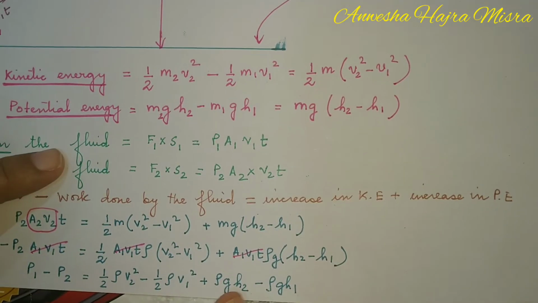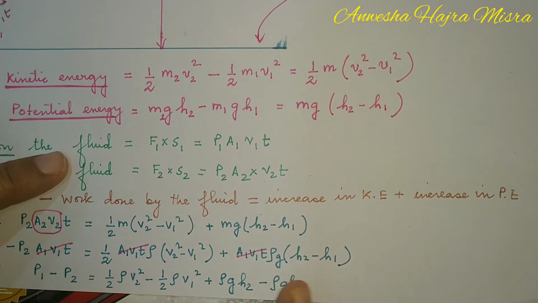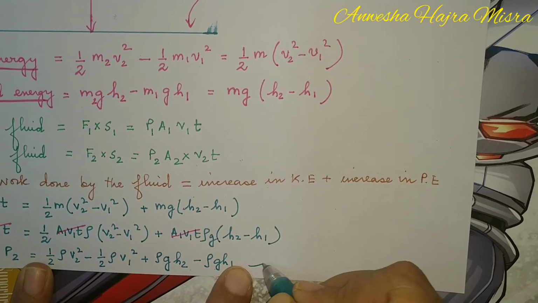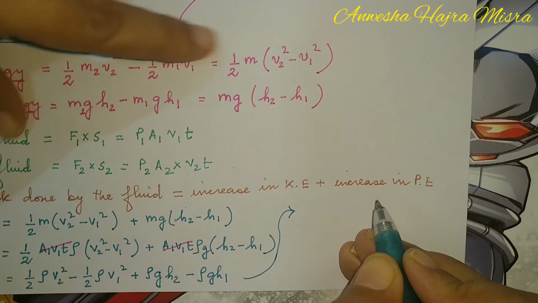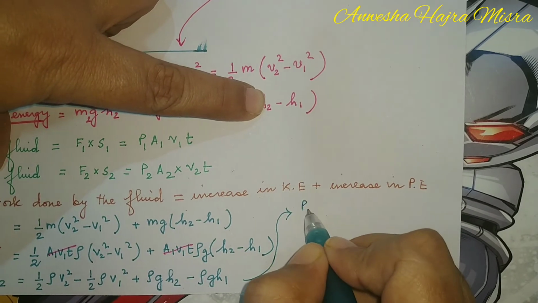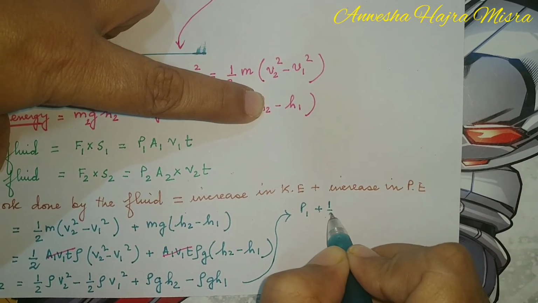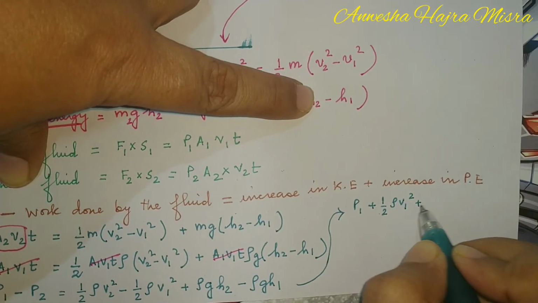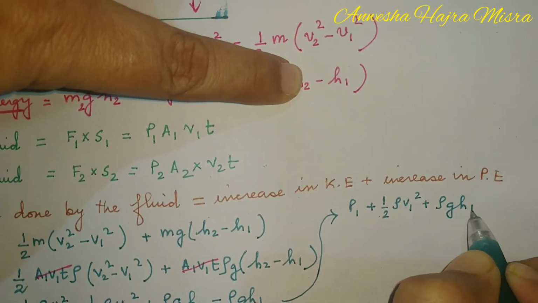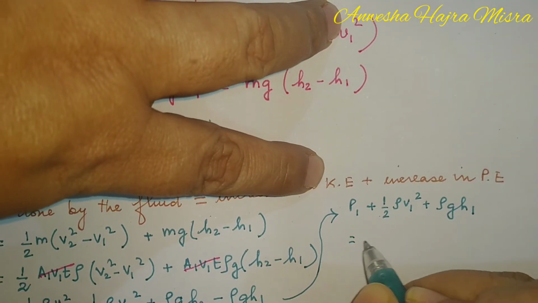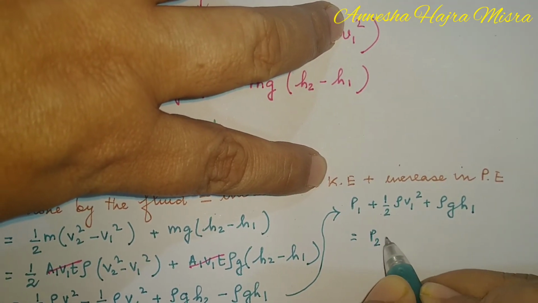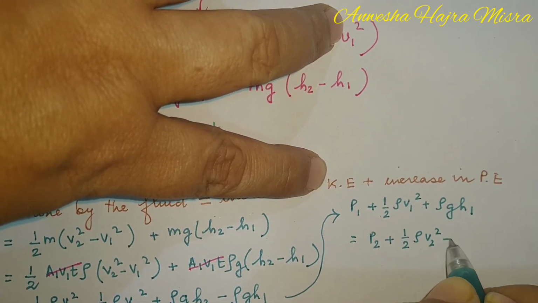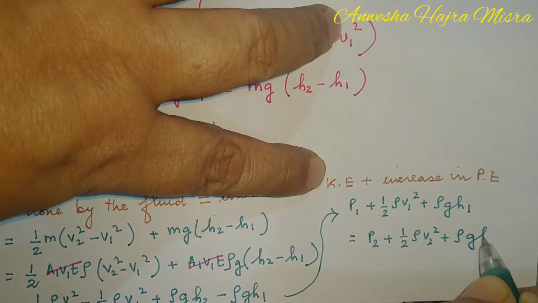Now if you bring all the ones on one side and twos on the other, you have P1 plus half rho V1 square plus rho G H1 is equal to P2 plus half rho V2 square plus rho G H2.